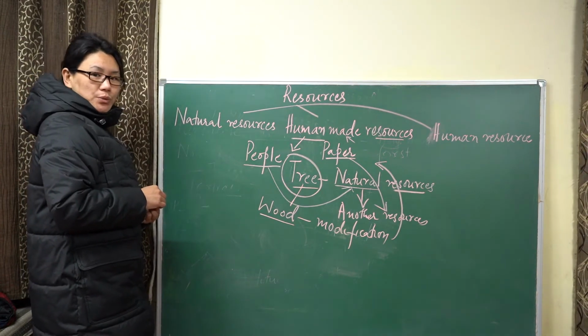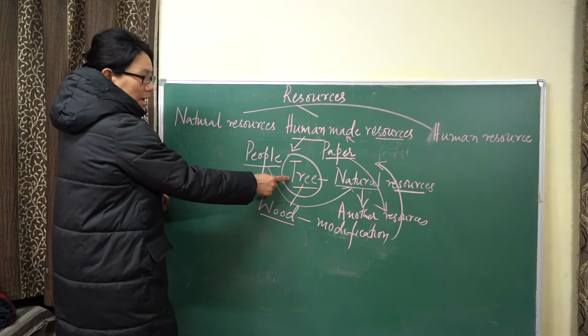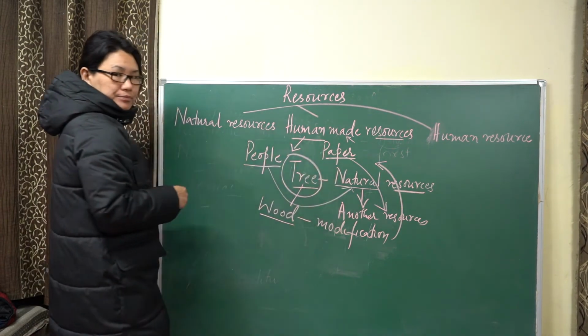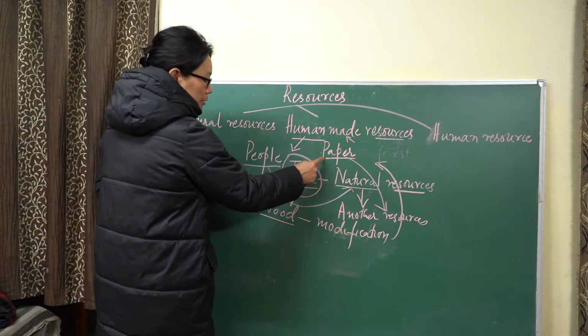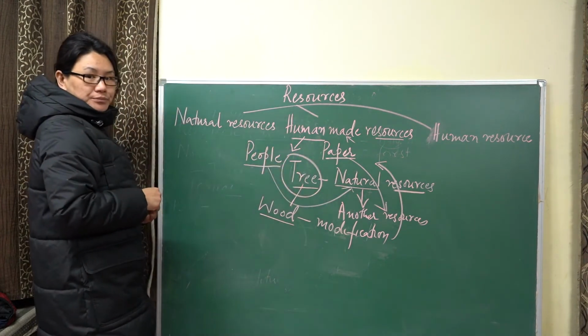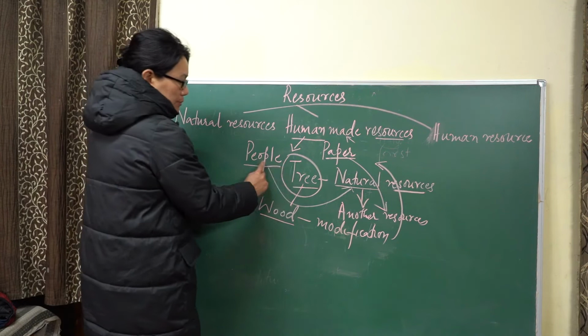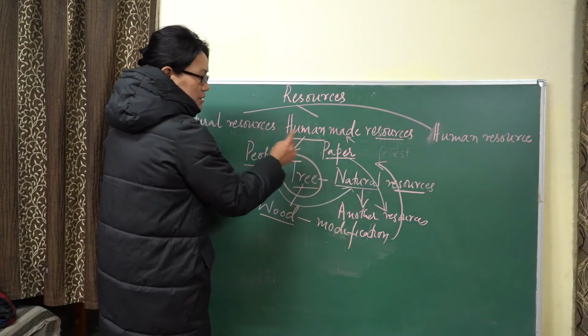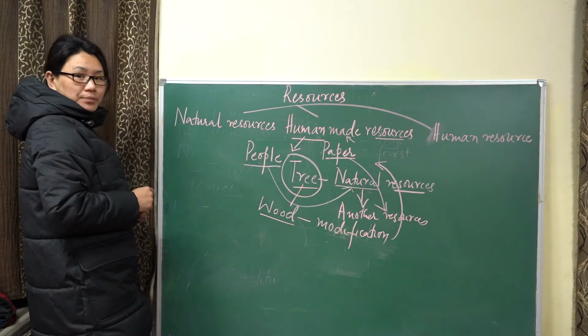Change they will do from it, and then they will make paper. We get paper from tree. Is that clear? So people has used natural resources to get this resource here.